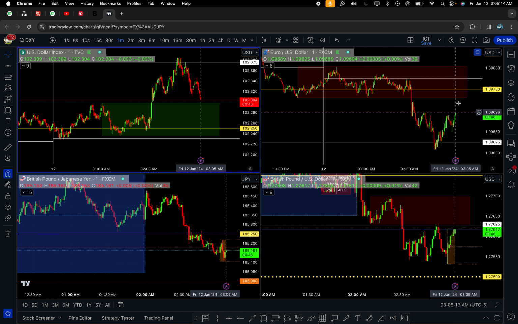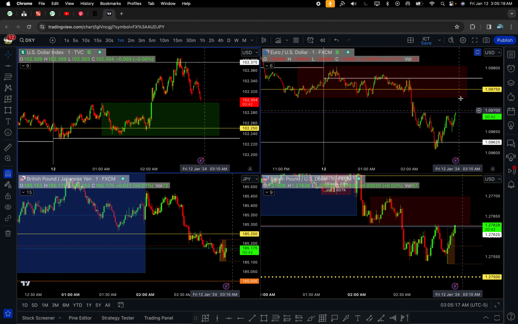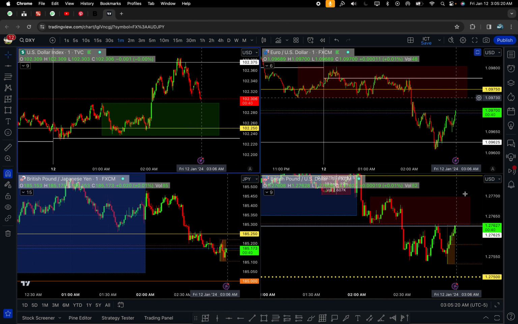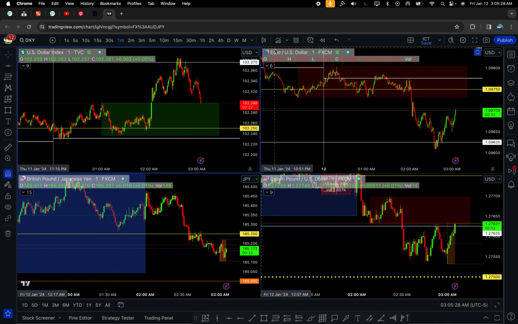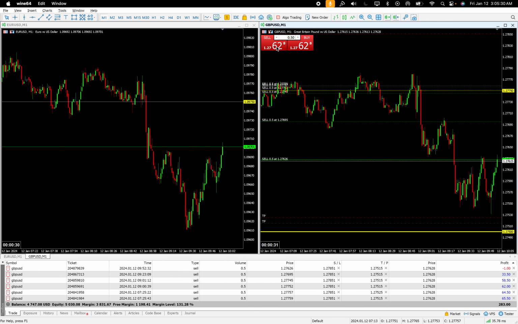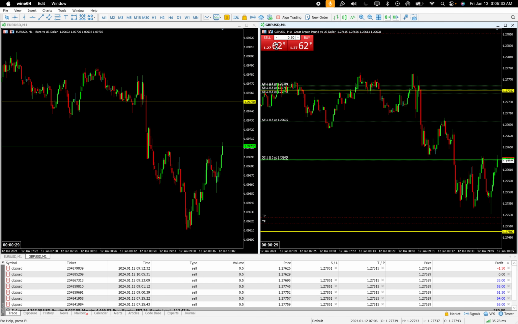Also, the euro. If it sweeps above these highs, taps this little box right here, and then comes back down. Okay, now we're above our entry there. So watch the dollar. Watch the dollar. Ugh.